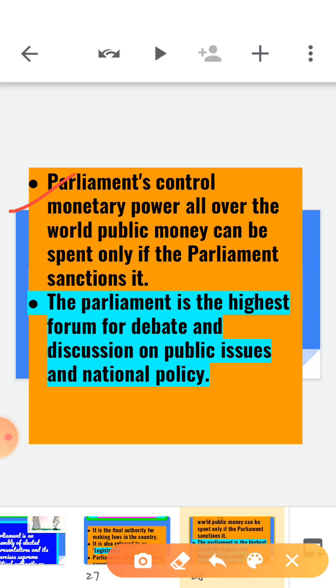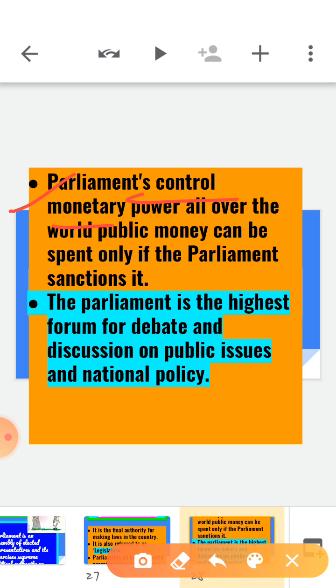Now, next, parliaments all over the world, as I said, exercise some control over those who run the government. In some countries like India, this control is direct and full. Those who run the government can take decisions only so long as they enjoy the support of the parliament.